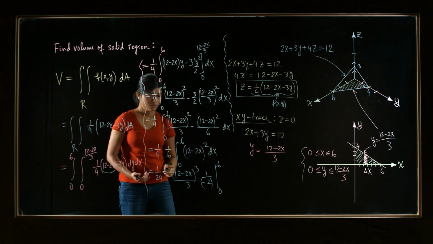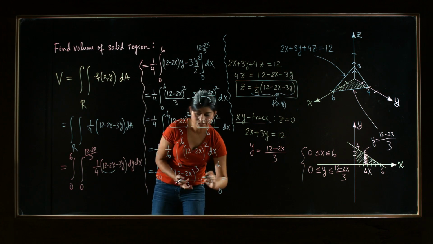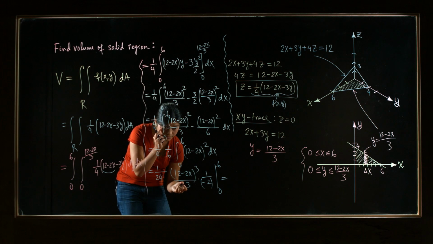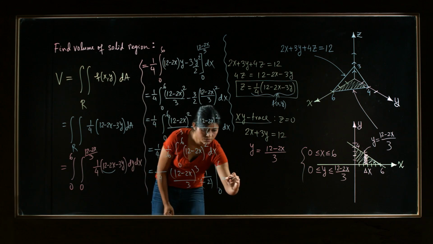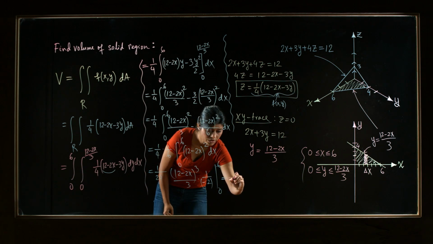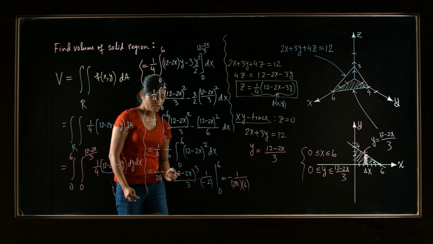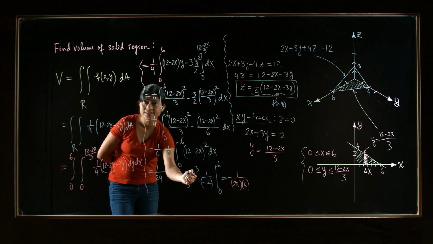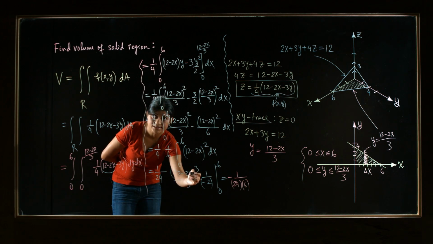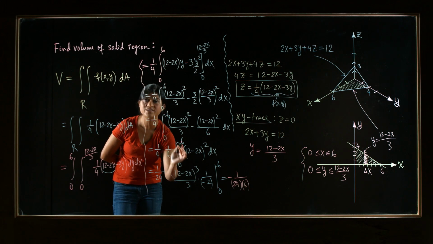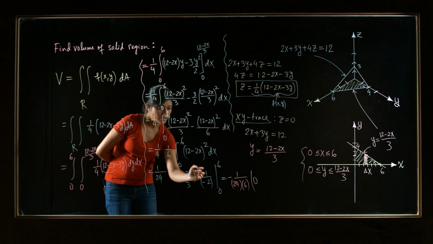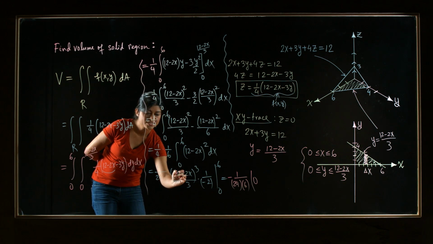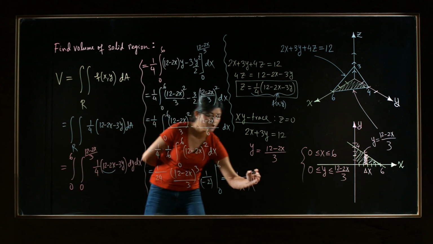So this ends up giving you a negative 1 over 24 times 6. And then when you plug in 6, you get 12 minus 12, you get 0. So the first term is 0. Then when you plug in 0, you just get 12. So it's 12 cubed.